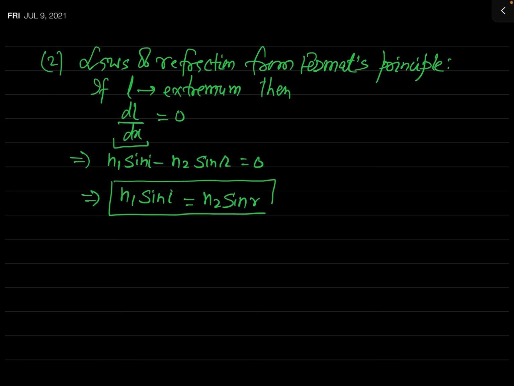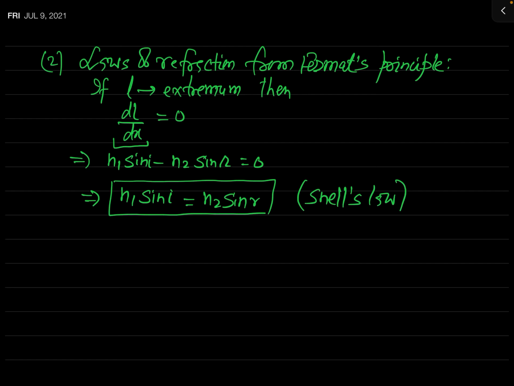This is simply Snell's law, or the second law of refraction. So you have seen how we can derive the laws of refraction of light from Fermat's principle. But this is the second law of refraction of light, known as Snell's law.